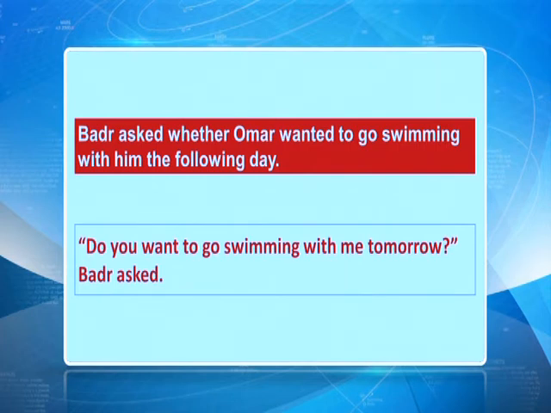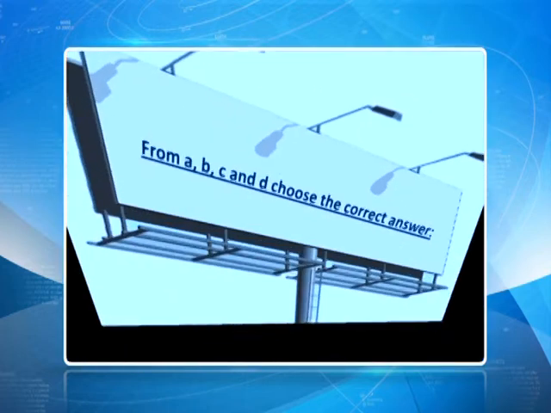Why did I start with the auxiliary do? It's because this is a yes-no question, and I understood that because I have the word whether. Then I use the present tense, because in the first sentence I have wanted, which is past, and when we move to direct speech, we move from past into present. So, do you want to go swimming with me tomorrow is the correct answer for that sentence.